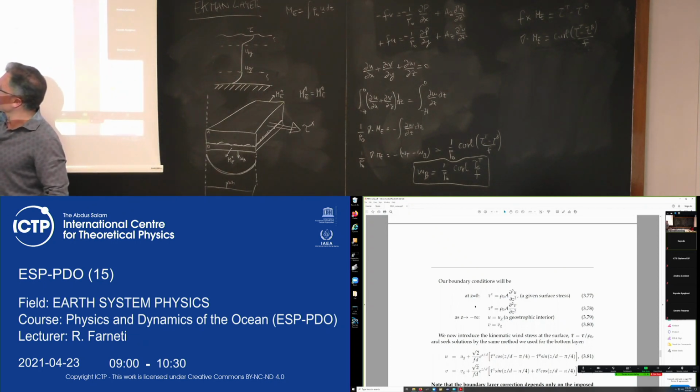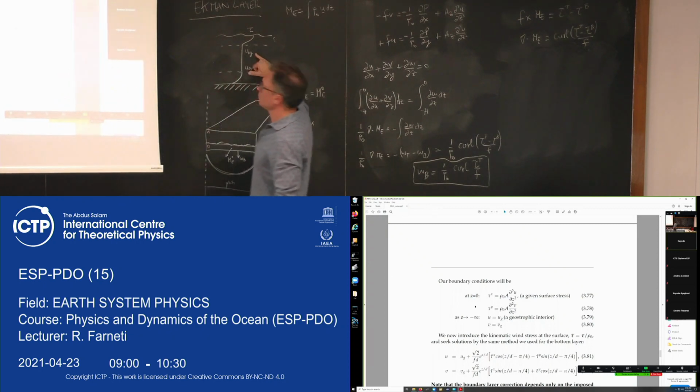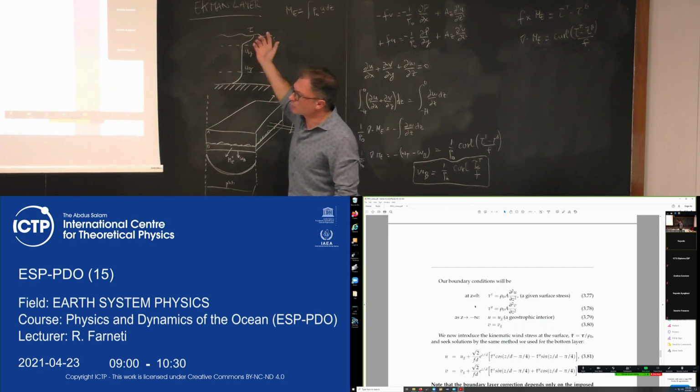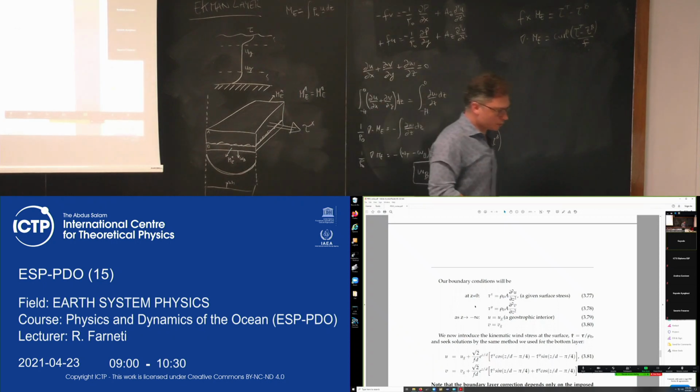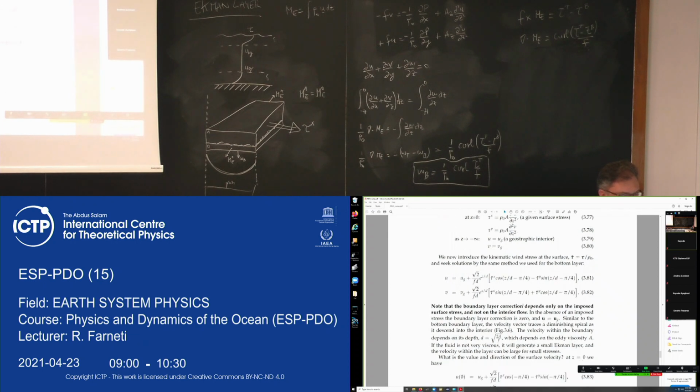And as z goes towards minus infinity, within the boundary layer, you approach the geostrophic velocity. So that is going to be the bottom boundary condition. You solve again the same way, and you obtain the same expression for the velocities within the Ekman layer spiraling. So the boundary layer correction depends only on the surface stress and not on the interior flow.